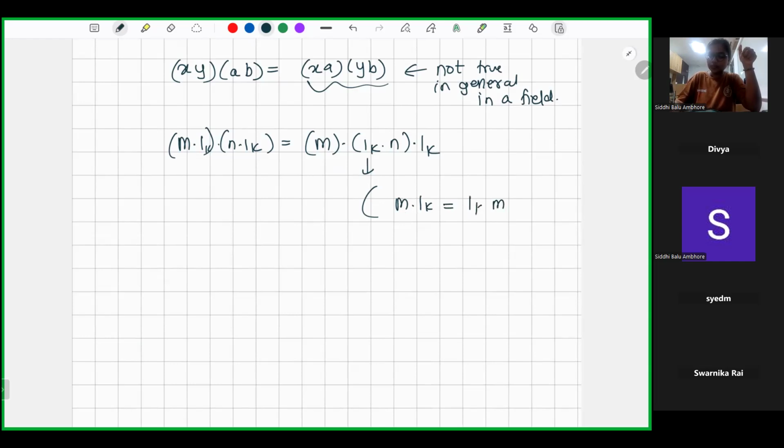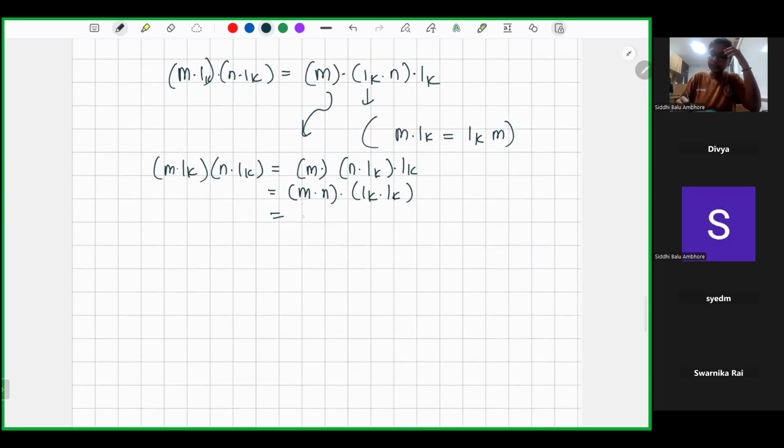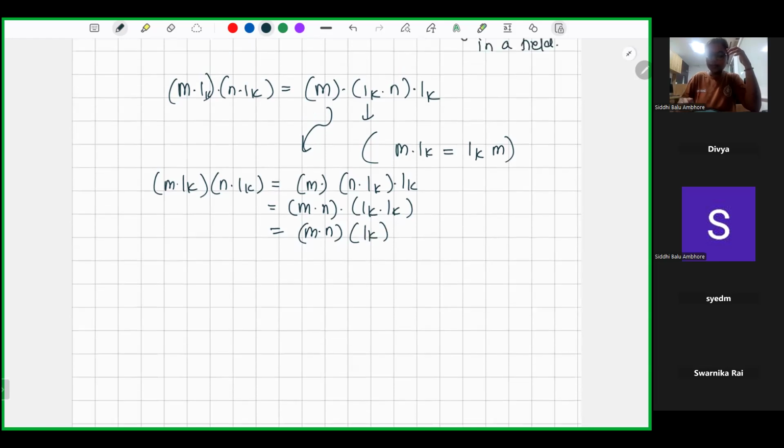From here I get m1k into n1k as m into n, 1k into 1k, and now I am combining these two. Because of associativity, I can do the multiplication like this, and then mn and 1k into 1k is anyway 1k. And now I'm getting what I got here.